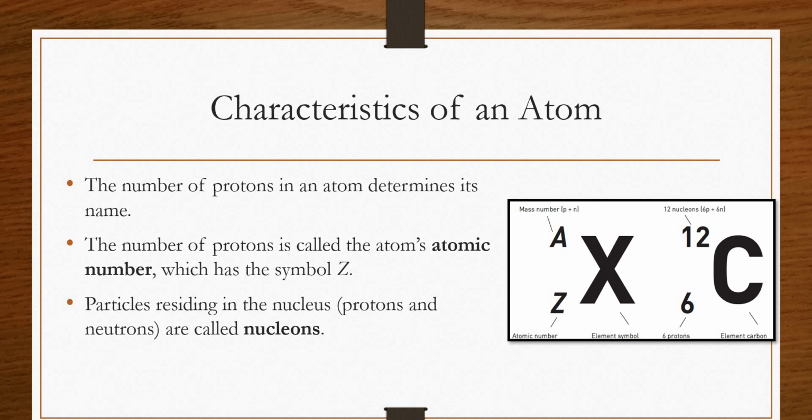There you go. Okay. The number of protons in an atom determines its name. So any atom with 3 protons, regardless of how many neutrons, electrons, etc., will be the same name. The number of protons is the atomic number.